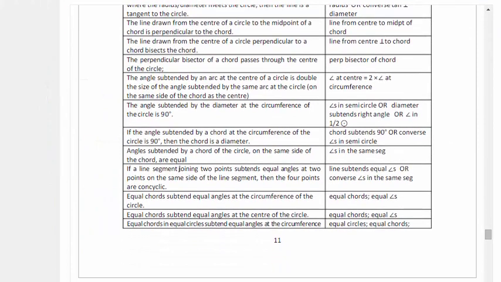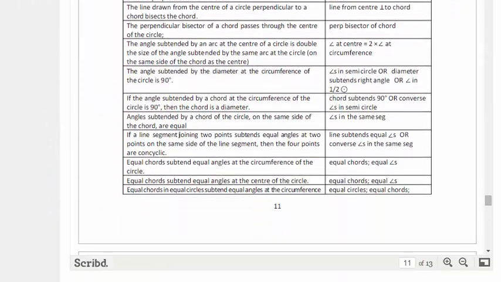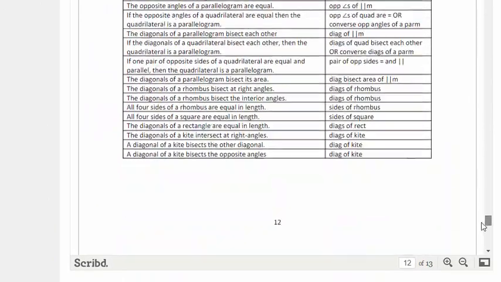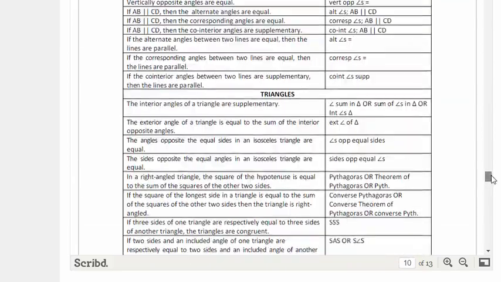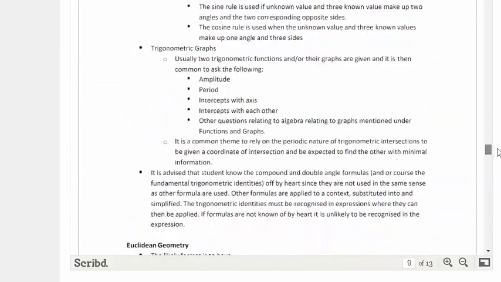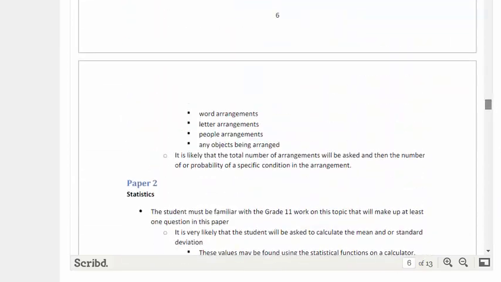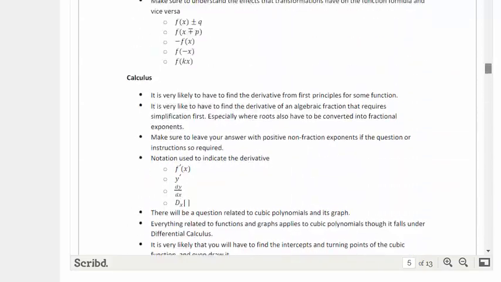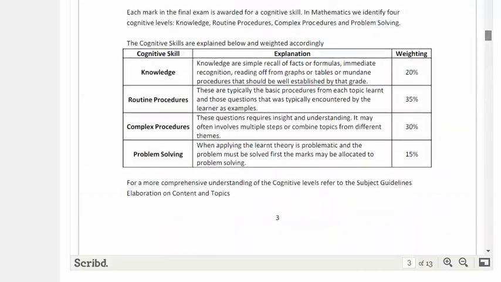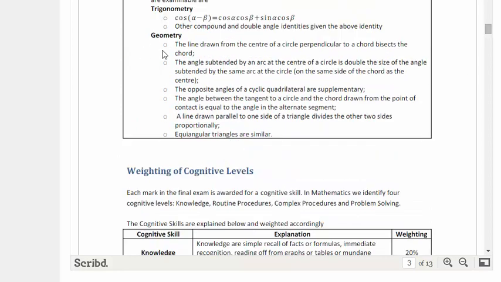Okay, so let's quickly see if we've looked at all of them. We've looked at much more than we needed to, but I think it helps you to get the spirit of what geometry is about. So we've done the line drawn from the center bisects the chord.